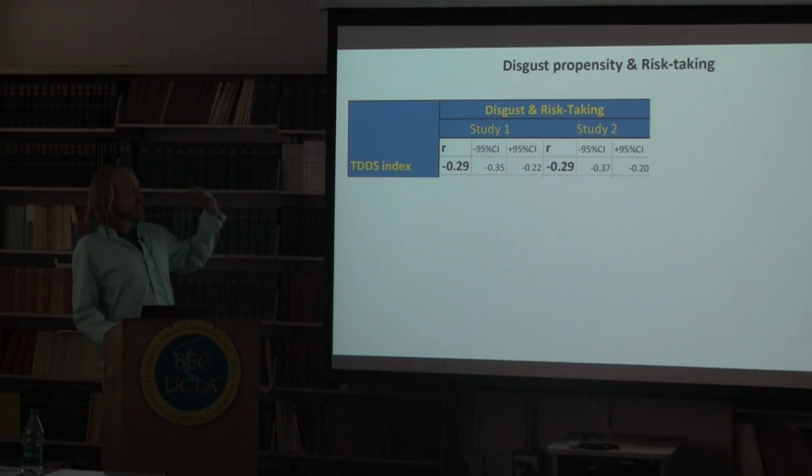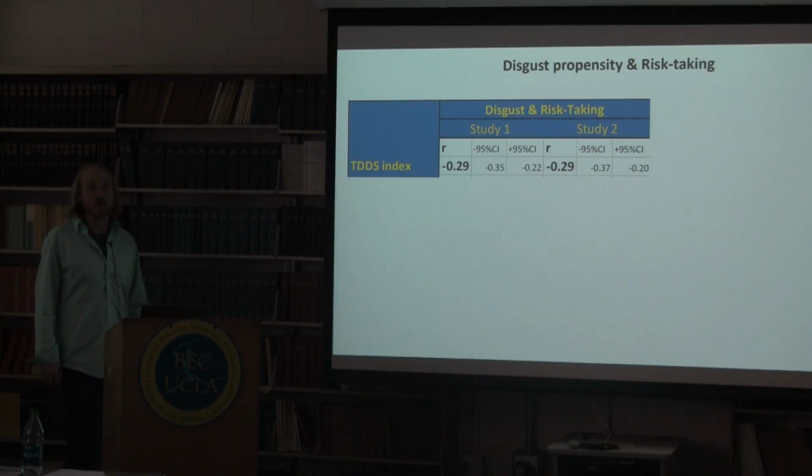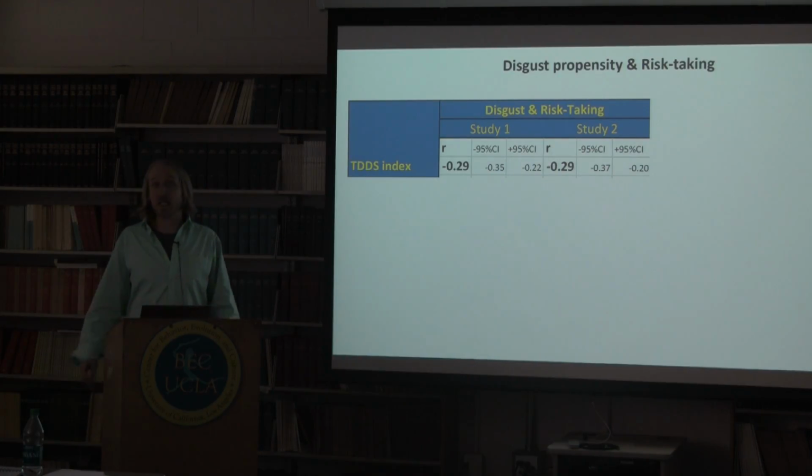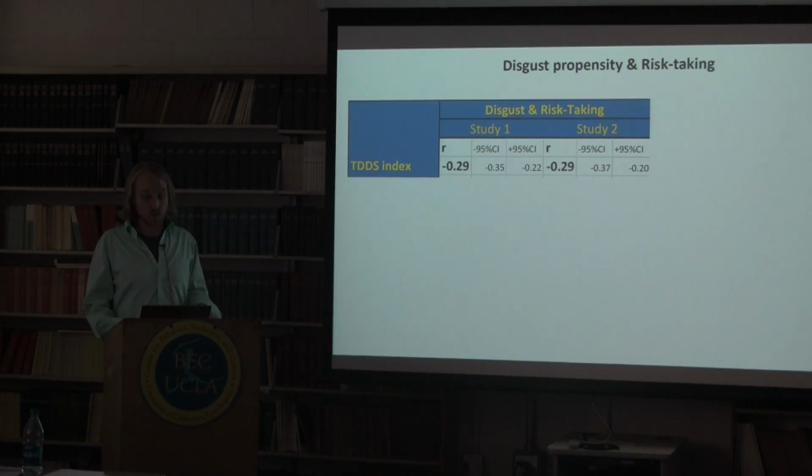If you just take the index of all three disgust domains and compare it to the index of all the risk-taking, we got the exact same effect size in the two studies. For social science, this is almost a large effect. It's a medium-ish to large effect. Very clear relationship between disgust propensity in the broad sense and risk-taking in the broad sense.